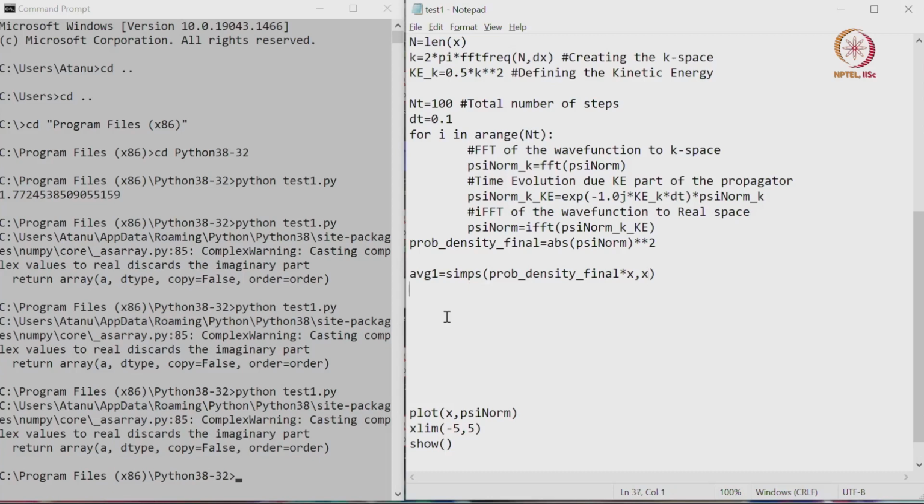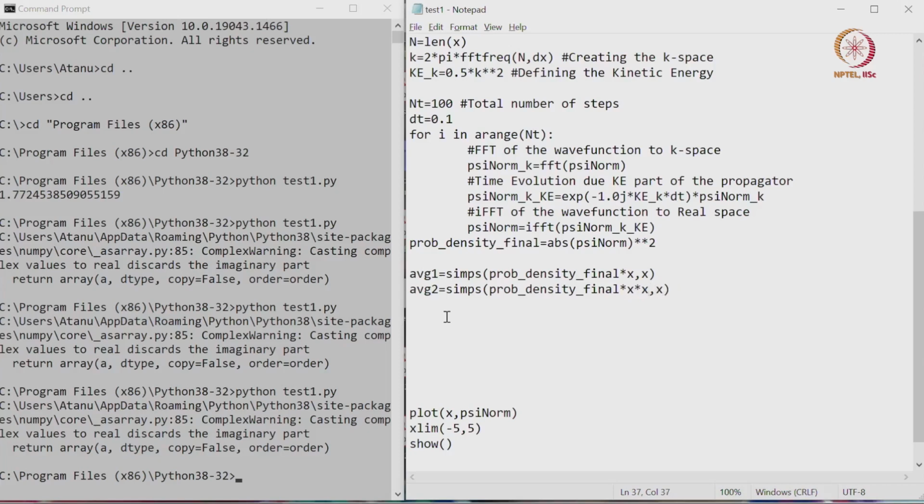Then for another average we define AVG2 as the integration, and in this integration we have to multiply by x square. So, x square will be multiplied, or we can say x multiplied by x, that is also fine.